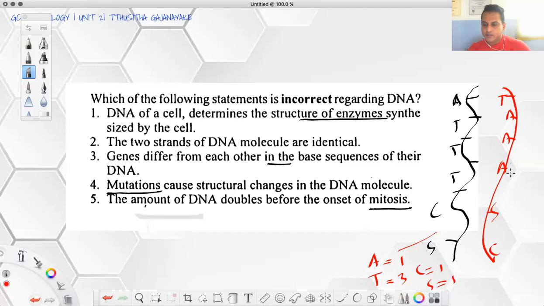If you take this strand, composition wise, it has 3 adenine and 1 thymine and 1 cytosine, 1 guanine. The order is different, the composition of nucleotides is different. The only similar things are the phosphate group and the deoxyribose, they are the same, but the nitrogenous bases are different. The order is different and the composition is different, so they are not identical. The two strands of the DNA molecule are not identical, so this is the incorrect answer.